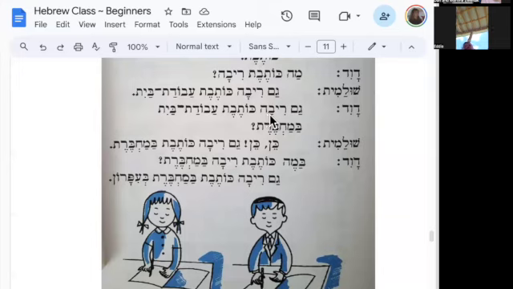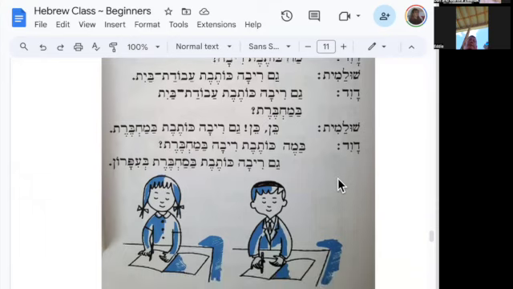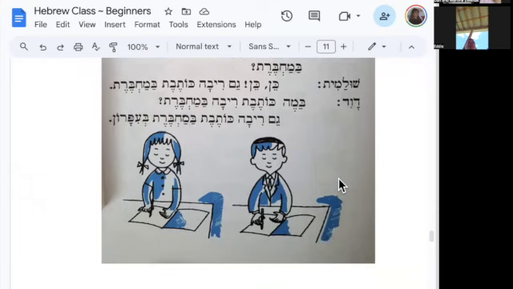Shulamit: Ken, gam Riva kotevet bamachberet. Yes, also Riva is writing her homework in the notebook.